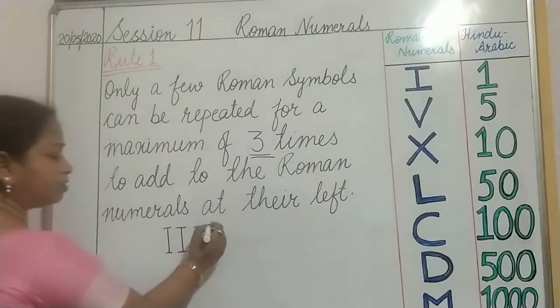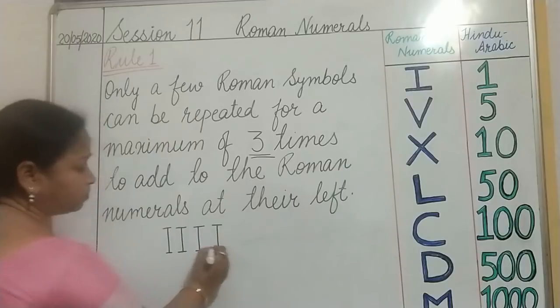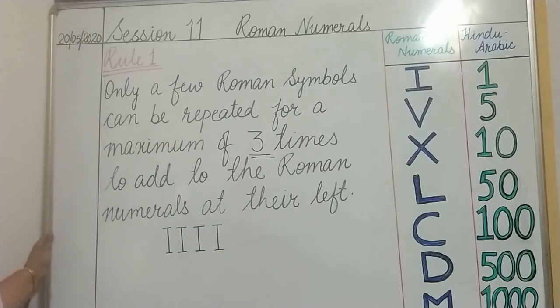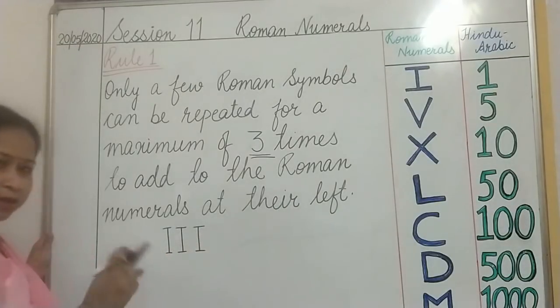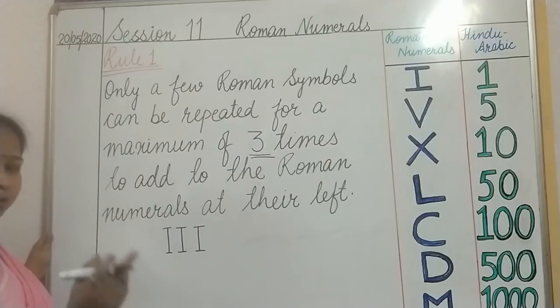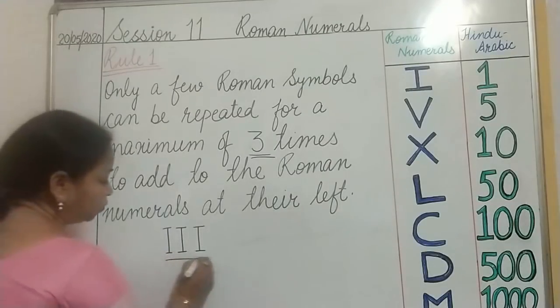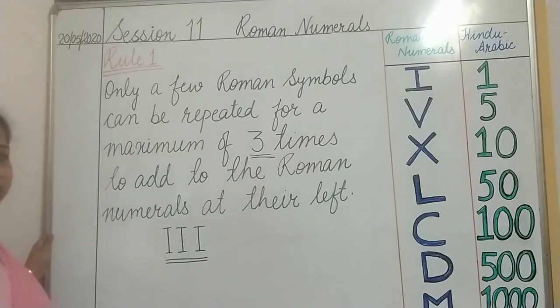Can I repeat this once again? If I repeat, what will it be? 4, isn't it? But what did you observe when you were in class 4? Was it like this or something else? Something else, no? So I just want to show that this I can be repeated 3 times.